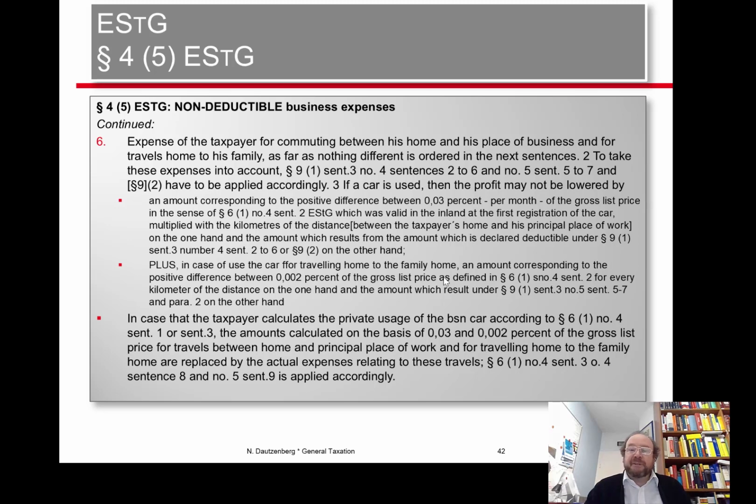Expenses for commuting between home and workplace are not deductible, only with the amount which is characterized in the next sentences. You must know the following background.